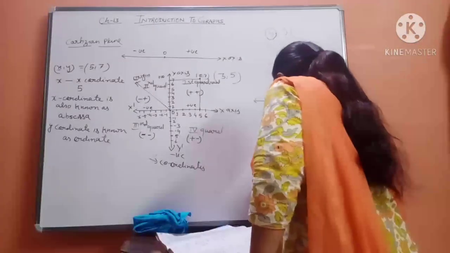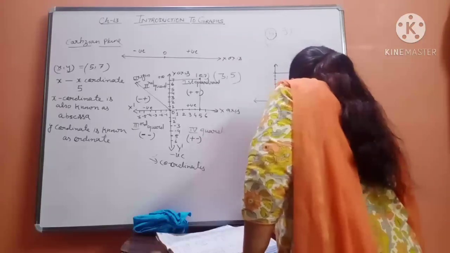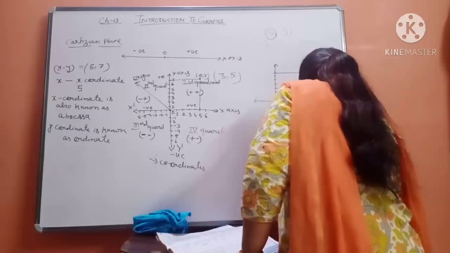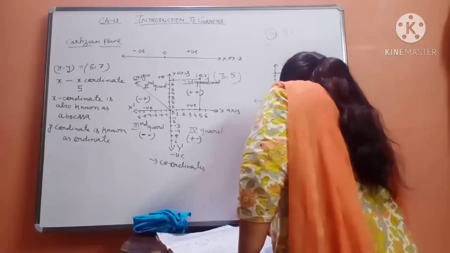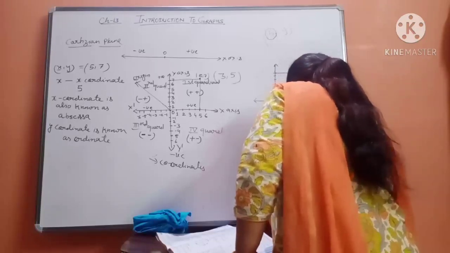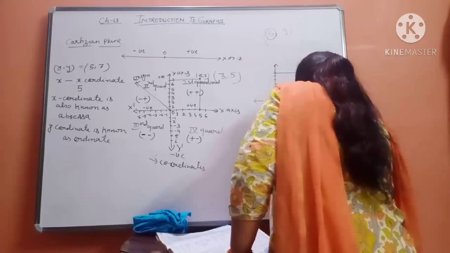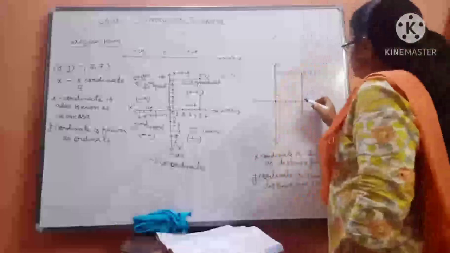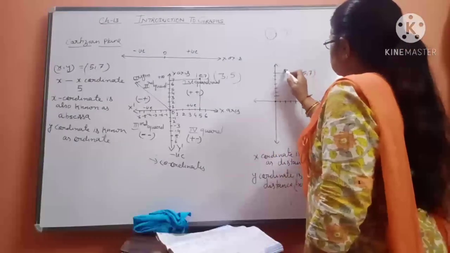And the y coordinate is known as the distance from the x-axis. You can see that it is 7. Okay, this is 7.